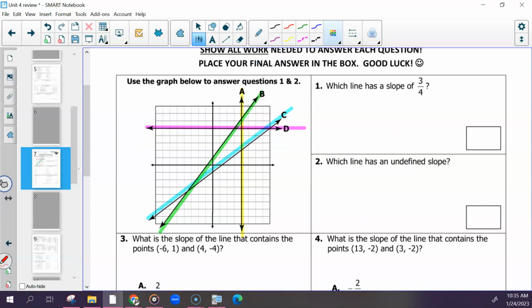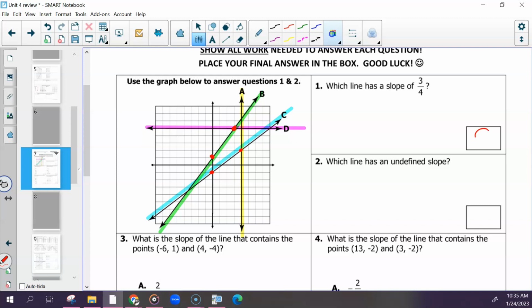So I would say start at your y-intercept. If I'm doing B first, find another point that crosses the grid lines exactly. So like this point up here. And then count. 1, 2, 3, 4. Seems like it's backwards. It's 4/3 instead of 3/4. Let's see if C does better. 1, 2, 3, 1, 2, 3, 4.